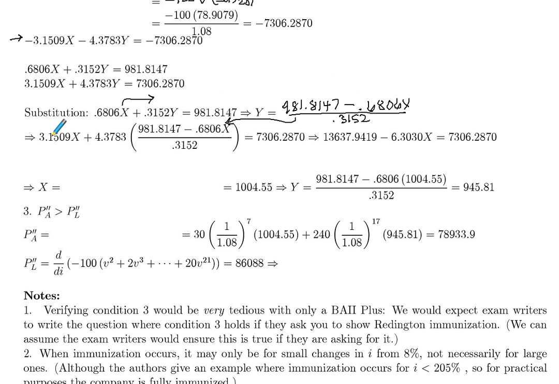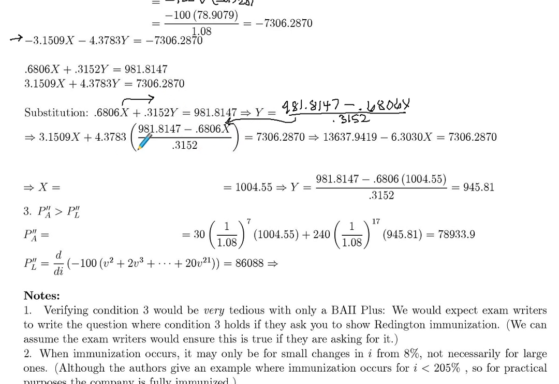So here's my 3.1509x, 4.3783y, 4.3783, and then here's my y solved above. And then this is set equal to the right-hand side up here, which is 7306.287.